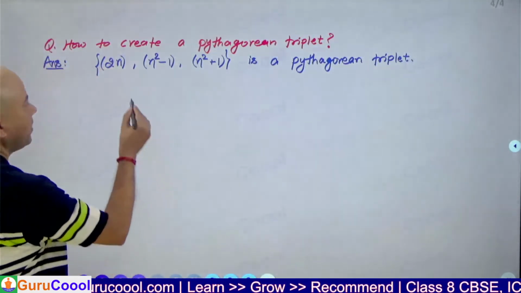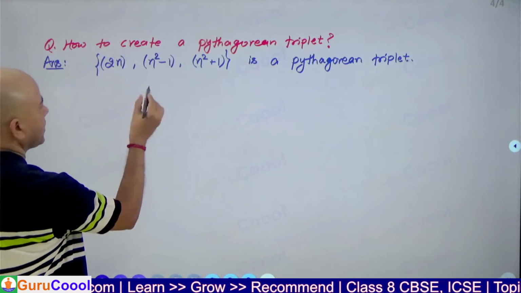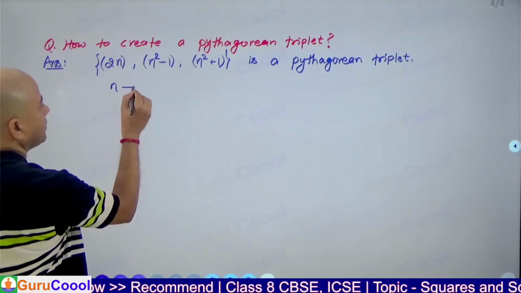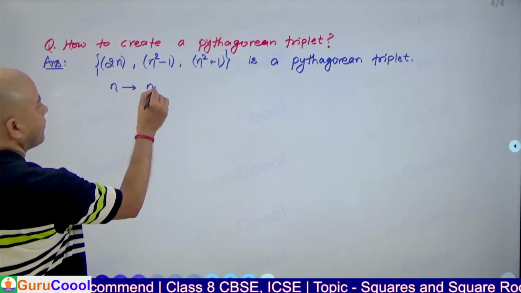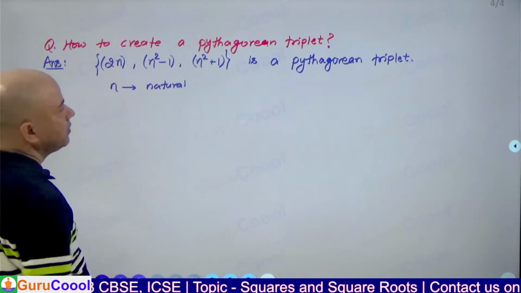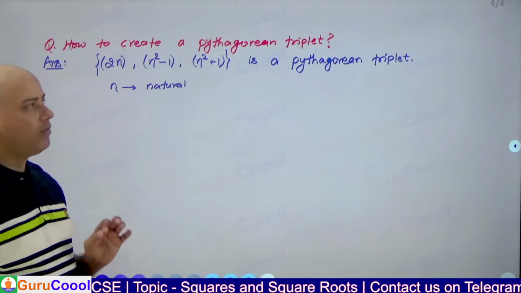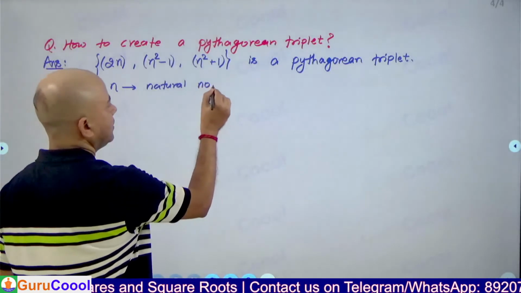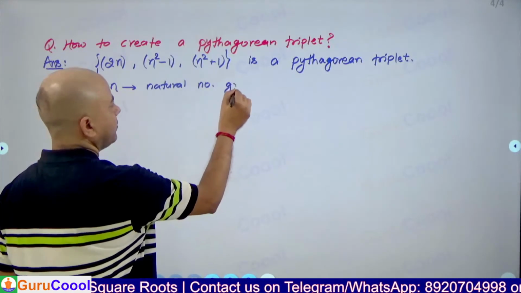But you need to remember a condition. There is a condition. n means a natural number. You have to take n as a natural number, never a decimal or fraction. Always a natural number greater than 1.